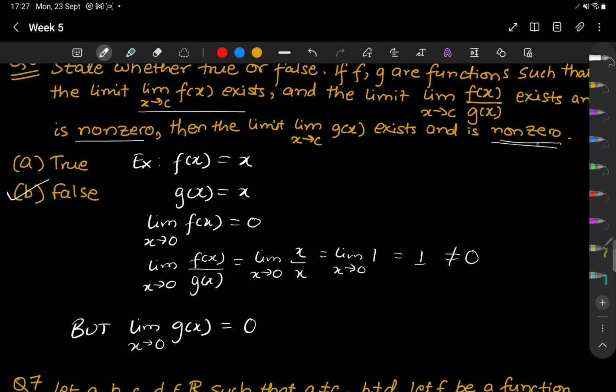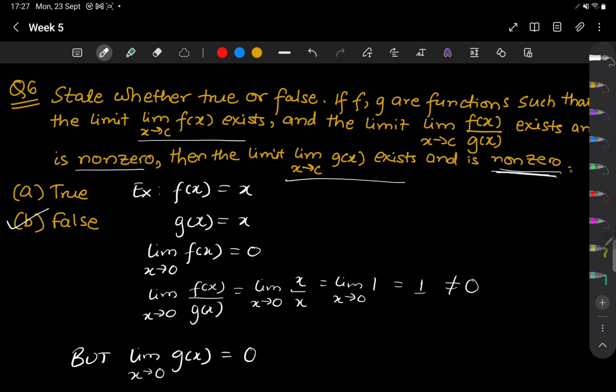So the condition which says that the limit as x tends to c of g(x) is non-zero is violated. The limit of g(x) exists, but it is not non-zero, and hence this condition is violated. As a result, the correct option is false.